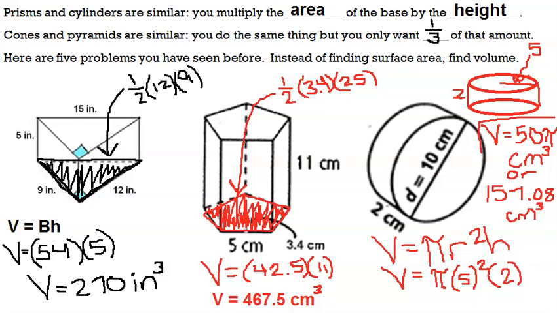Either answer is correct. There's not really one answer that's more correct than the other. The exact answer is 50 pi. The answer rounded to 2 decimals would be 157.08 centimeters cubed. All right, pause this if you need another second to write it down, but we are going to move on.